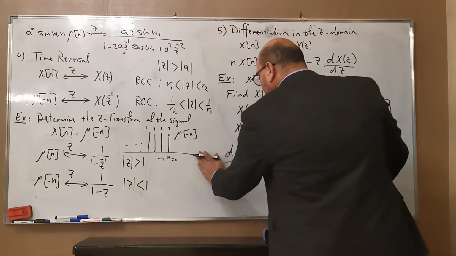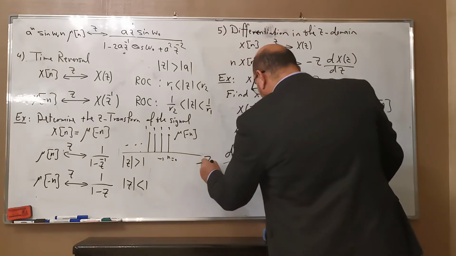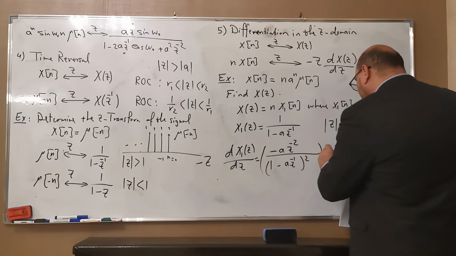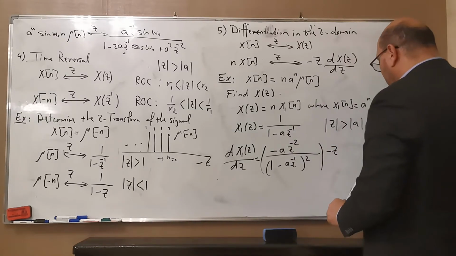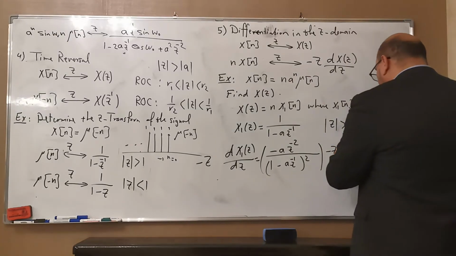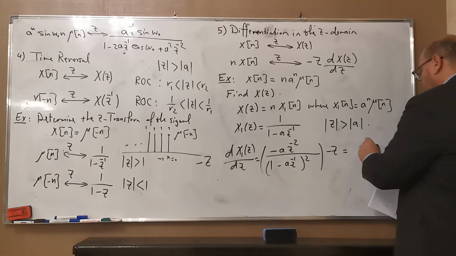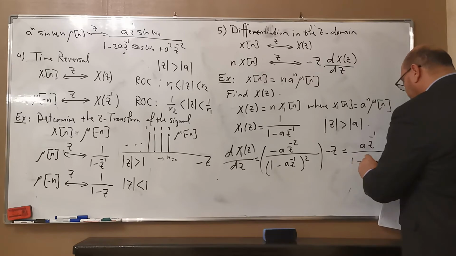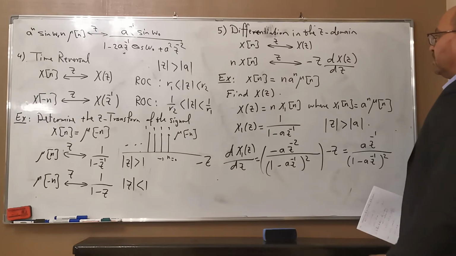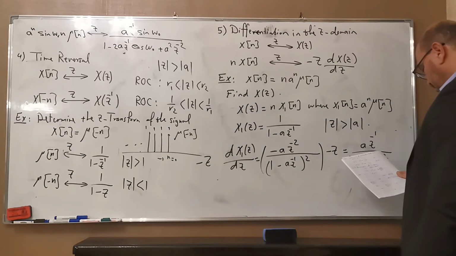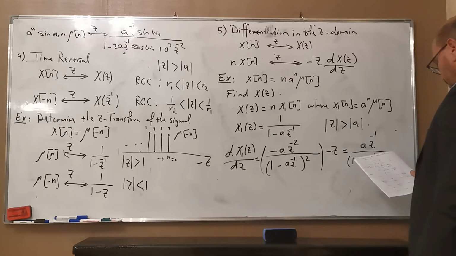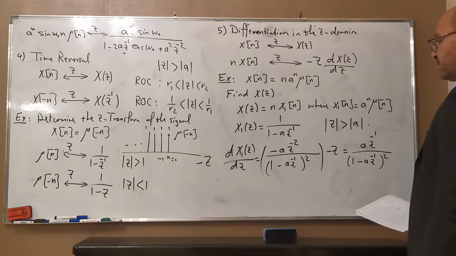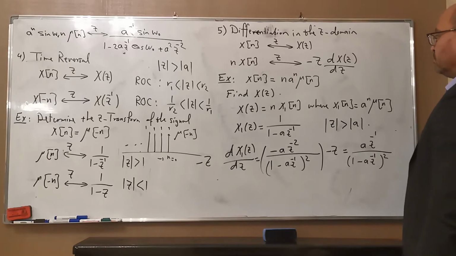Now I'm gonna multiply this by minus z, multiply this also by minus z. So if we multiply this, then you end up with a z inverse over 1 minus a z inverse squared. This is the answer for n x of n for the differentiation of this one.